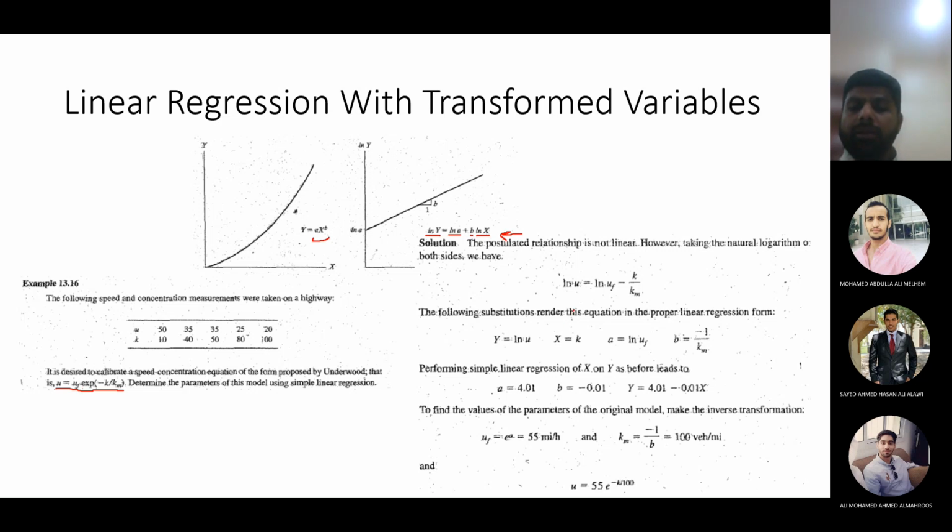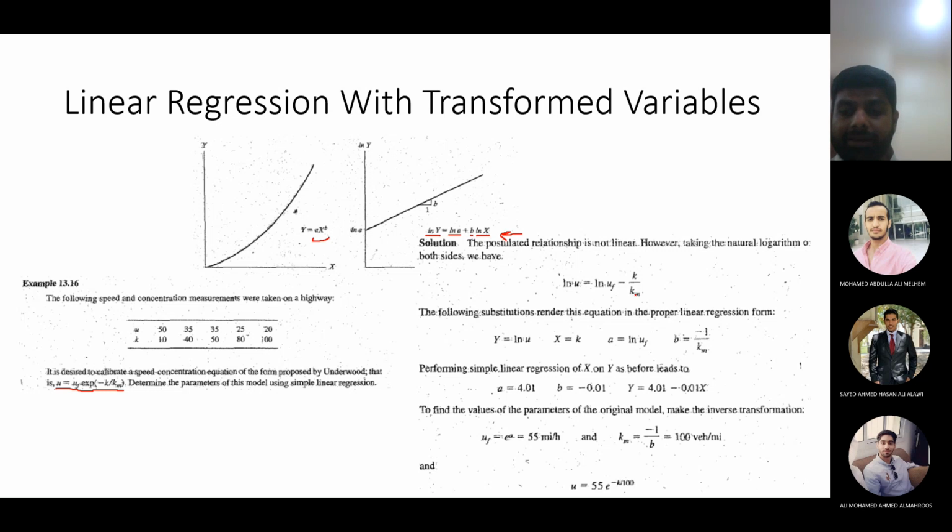Now my y becomes log of u, my a becomes log of uf, and my b becomes minus 1 upon km. My b becomes minus 1 upon km. Now you can calculate the values of a and b in the same manner as we did for simple linear regression.